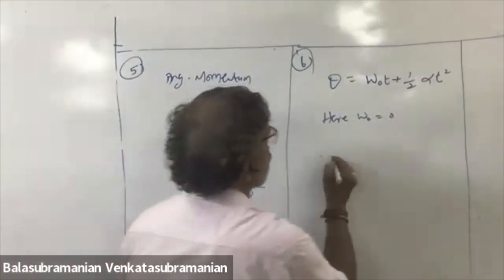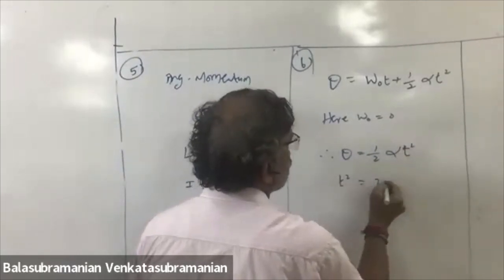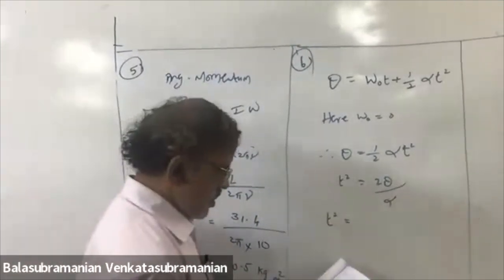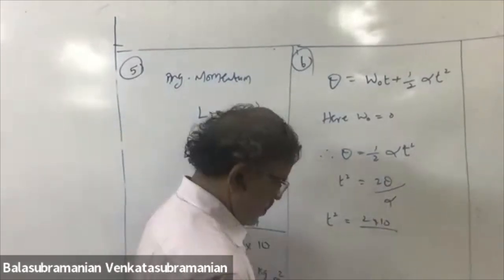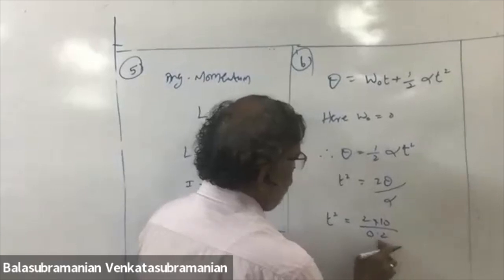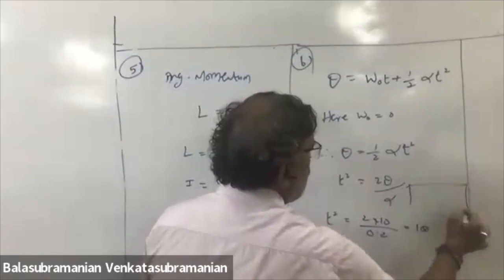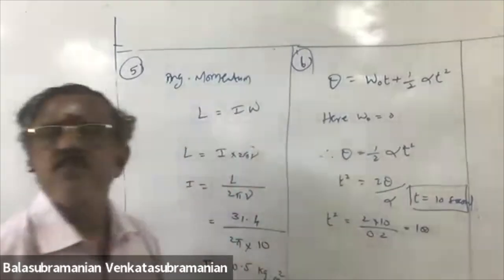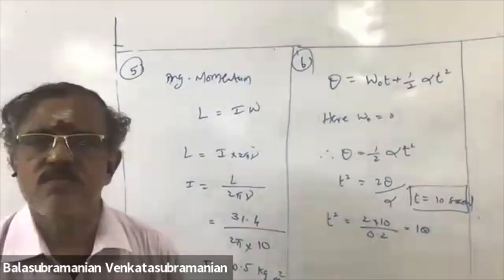Then theta is equal to half alpha t square. T square is 2 theta by alpha. 2 into theta is 10. 2 into 10 by alpha value given as 0.2. 0.2 means 10 times. This is t square 100. So t will be 10 seconds. Straight problem. Sixth one.